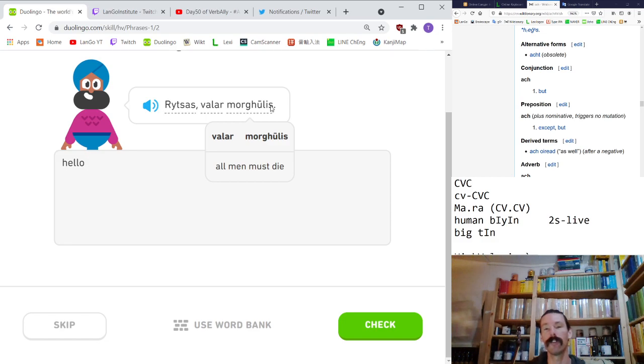No, not si, but is here. Morgulis is nice for the die verb. Valar got the val stem, and this ar might signal that it's all, so an exhaustive plural or something like that. Hello, all men must die. Pretty kick butt sentence there.